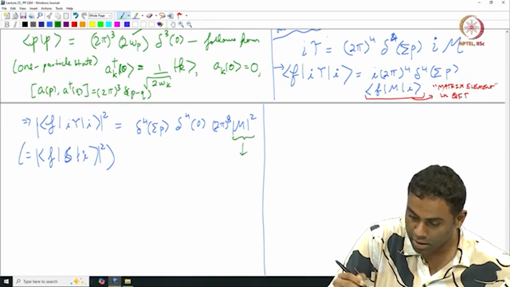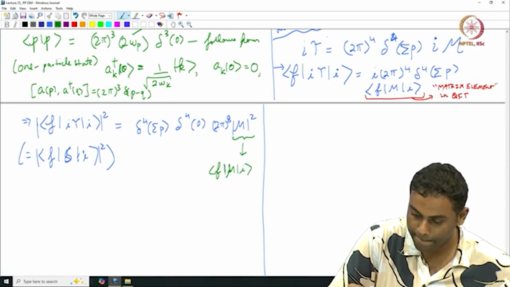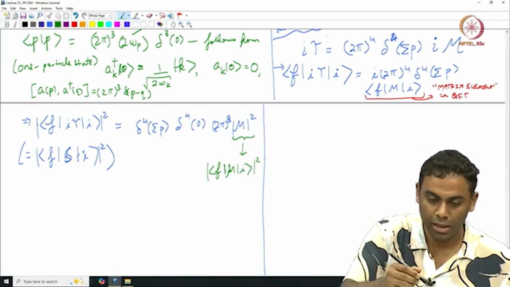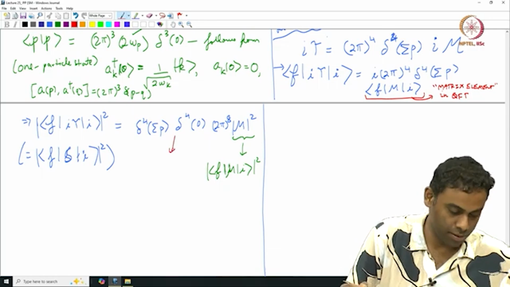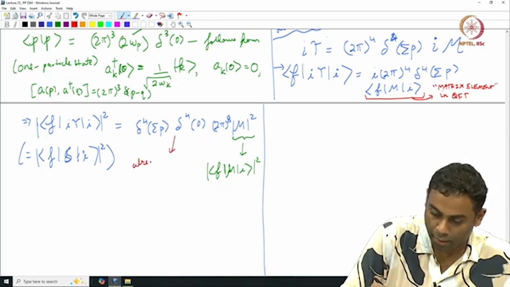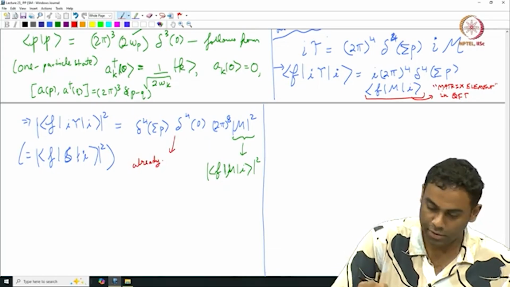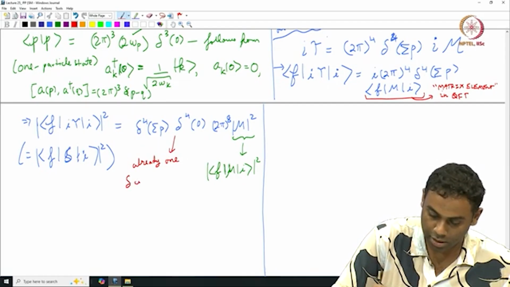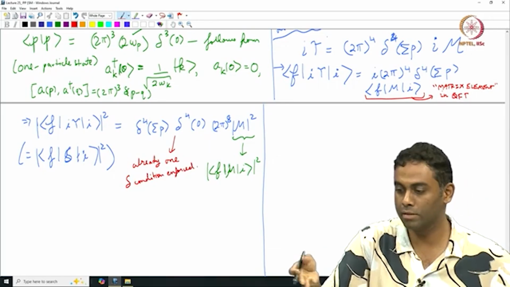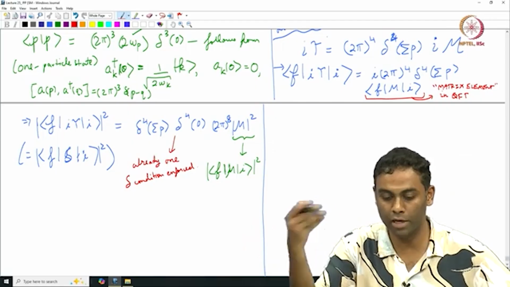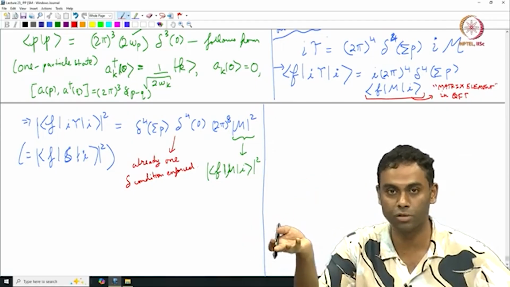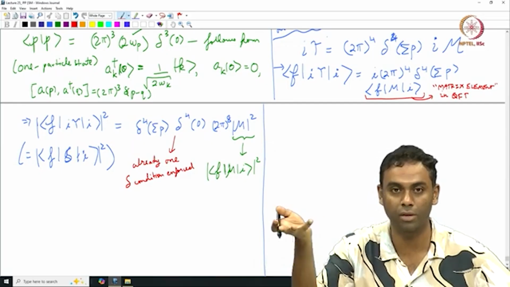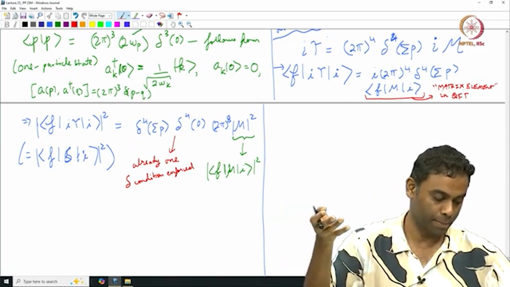This thing is nothing but that, and this thing we got by already enforcing one delta condition. I am just getting momentum conservation twice. So if I am already enforcing it in the integration at the end of the day, that just goes to 0 anyway. We know that anyway. So that becomes 0.